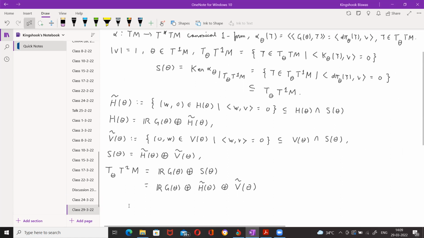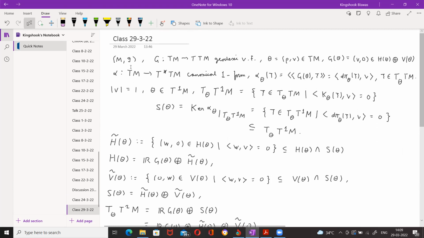Let me first recall the setup. We have our Riemannian manifold M. We have the geodesic vector field G. If theta equal to (P, V) is a point in TM, then G theta is the element of T theta TM with horizontal and vertical components V and 0.